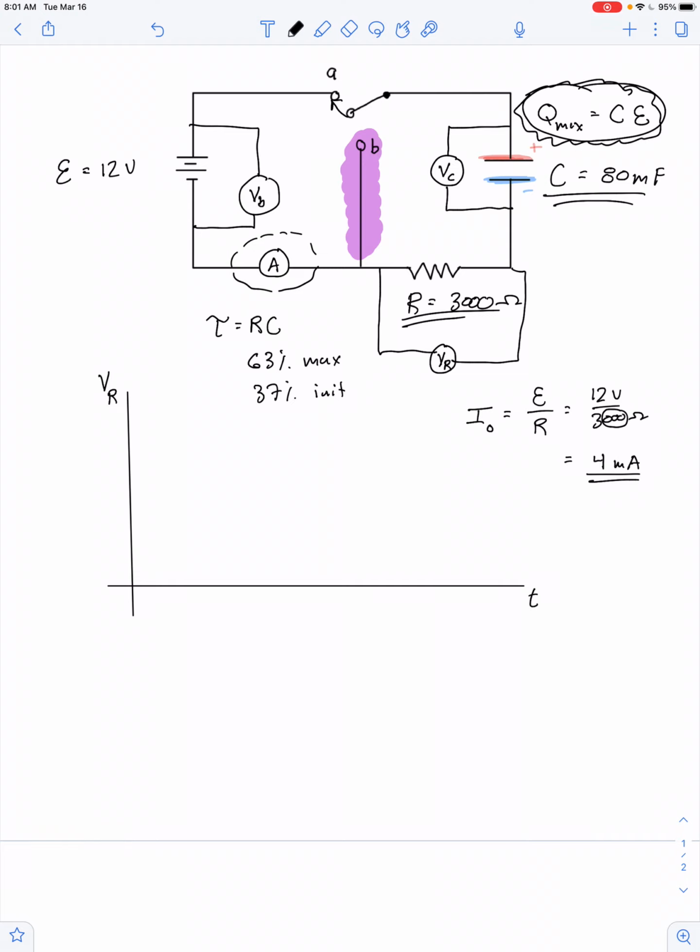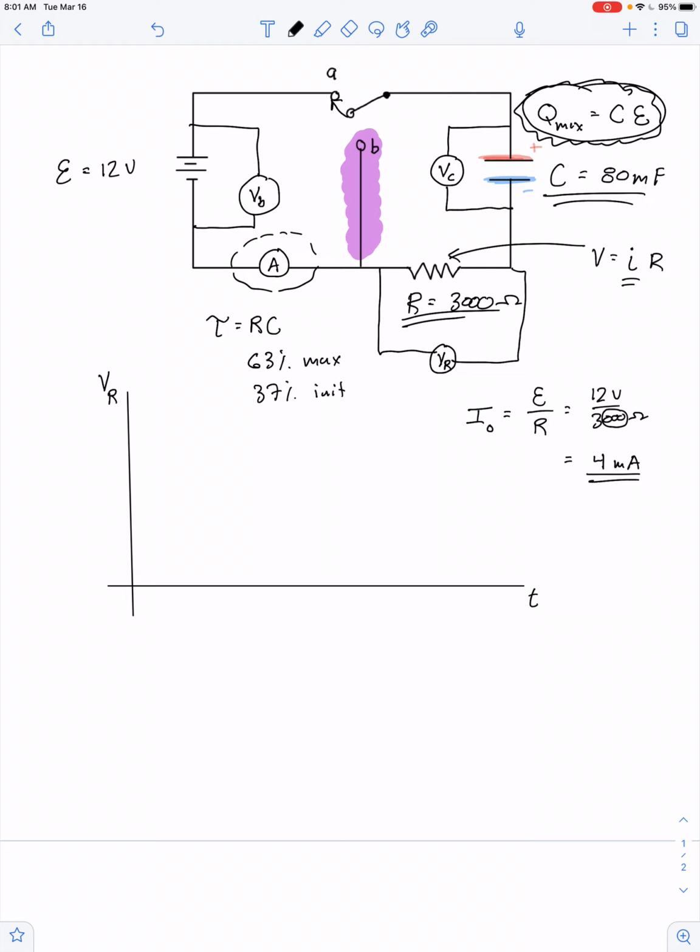Now, how do we determine voltage across a resistor? That follows from Ohm's law. V is equal to I times R. Now, I'm not going to write capital I times R because capital letters typically signify constant values, and what we're saying here is the current is going to vary with time, so I'll use a lowercase i.